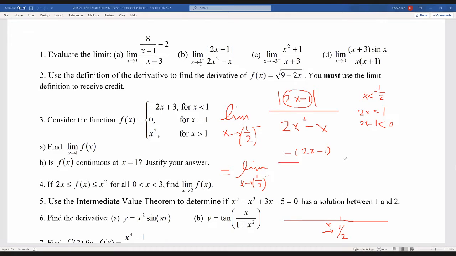Now this has x as a common factor. Now you can cancel these out. Same, right? Now x is 1/2, so you can use the direct substitution property. Negative 1 over plus 1/2 inside for the denominator, right? And the answer is negative 2.